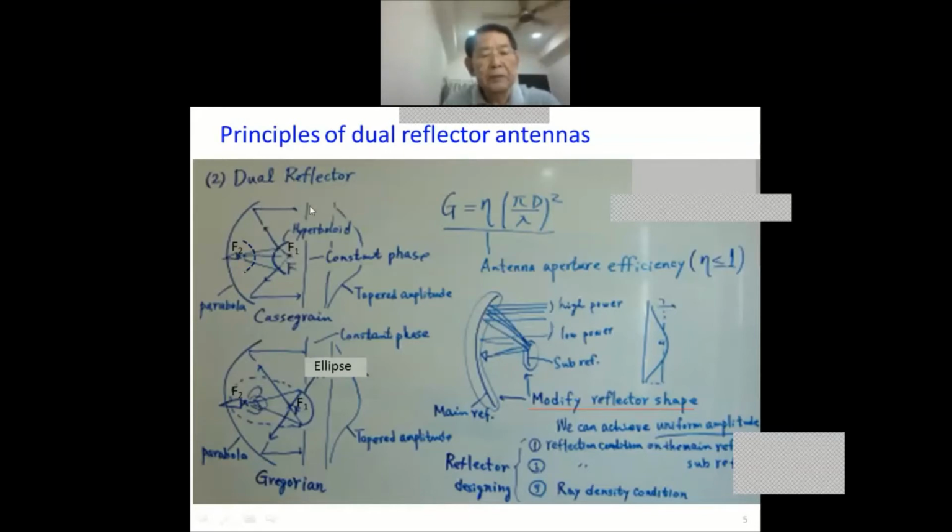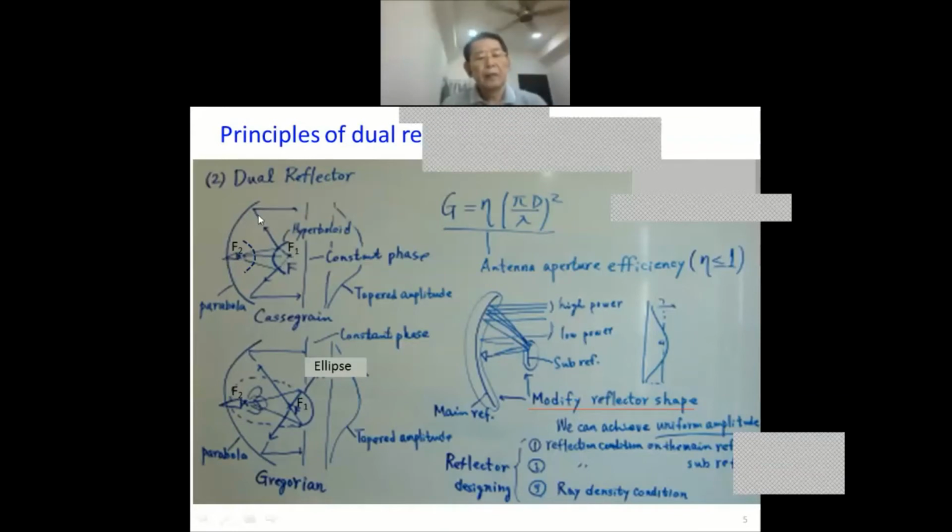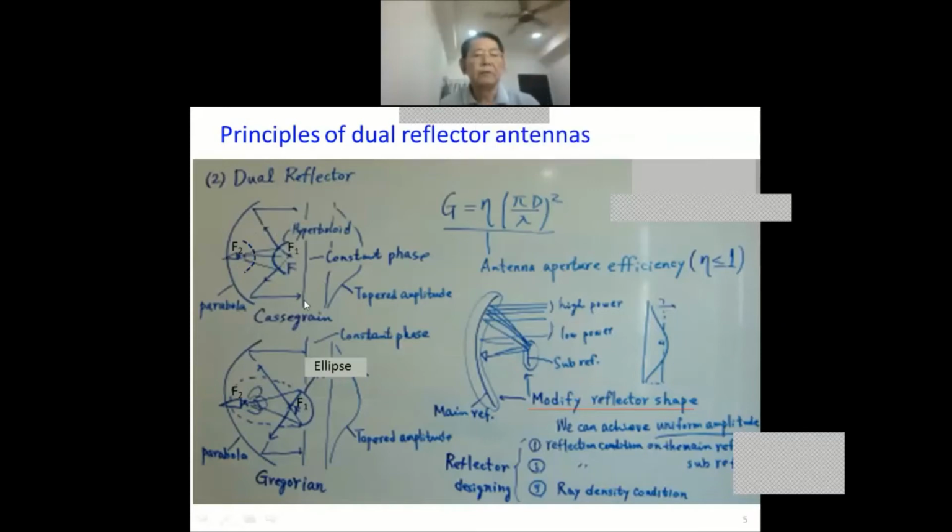The reflected waves become parallel, as in the parabola antenna. So this is one type, the parabola and the hyperbola. This is called the Cassegrain dual reflector. Another is the Gregorian. This combination is a parabola and an ellipse.